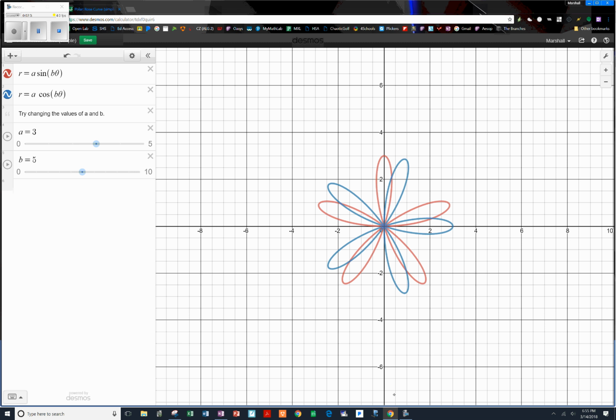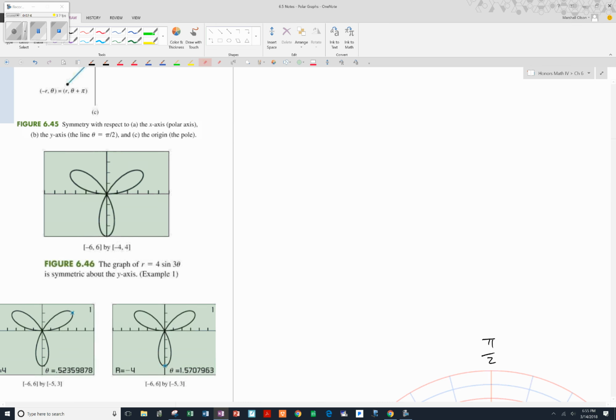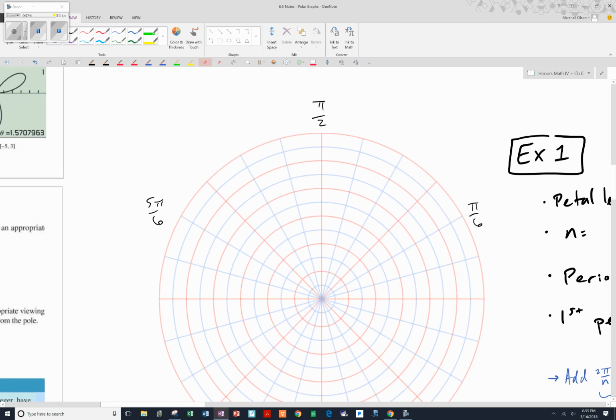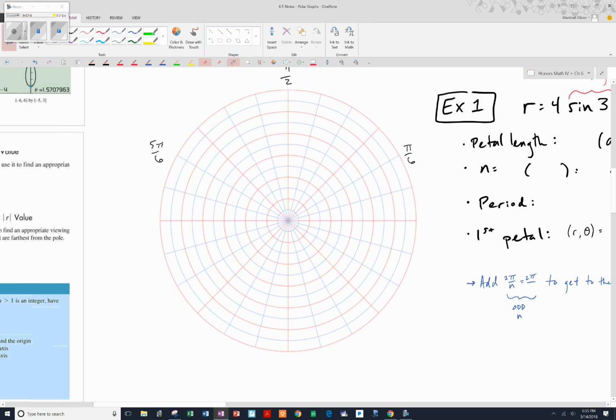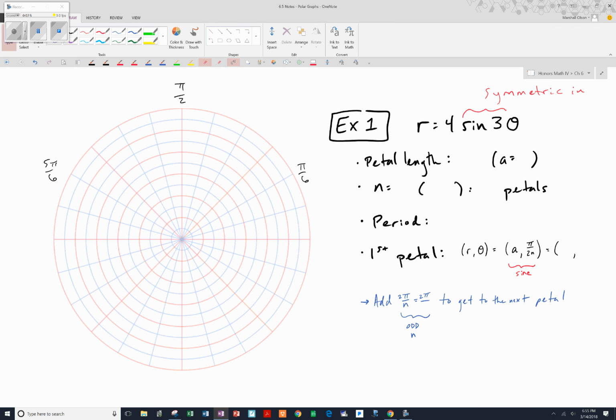Okay, so we'll use that to help us as we go along here. What I'd like you to do now is go to our graph here. We're going to bounce back and forth between our examples and our formula sheet. The first example on the formula sheet, if you were in class today, remember we did this one in the second space.